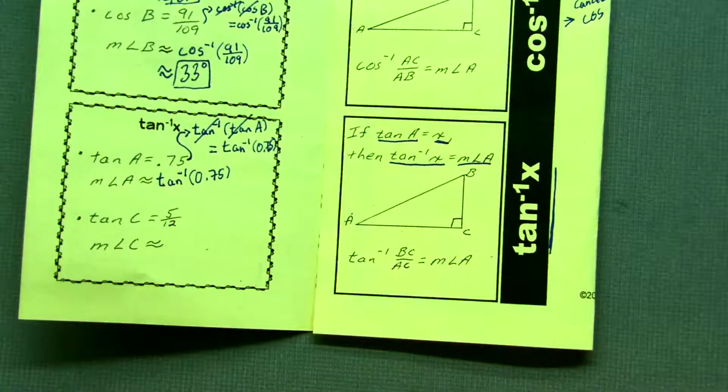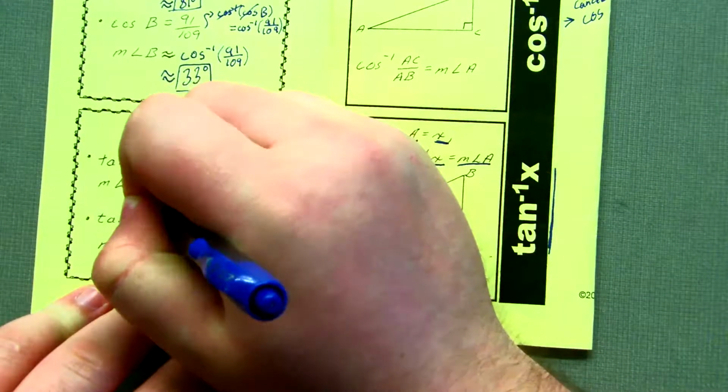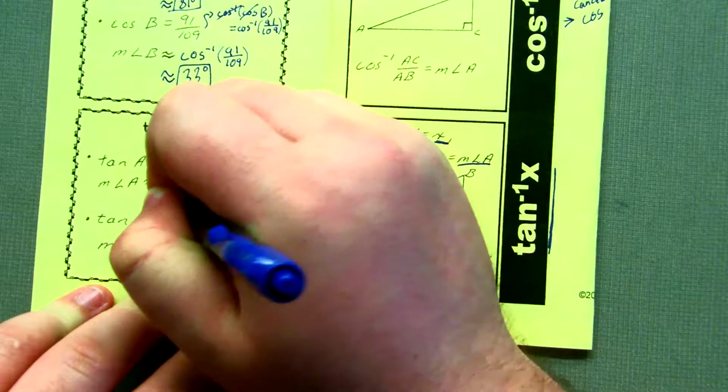Yeah, so I see this one from a couple people. And this time we do get 37. So we're going to say A is approximately 37 after rounding.